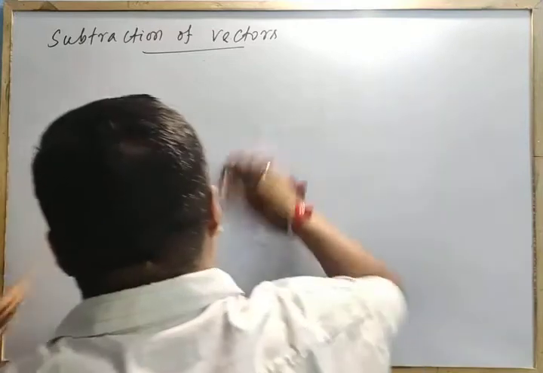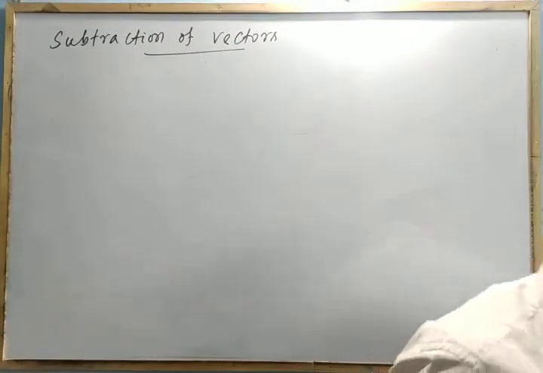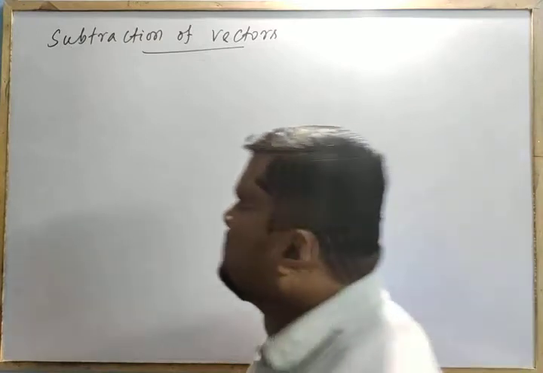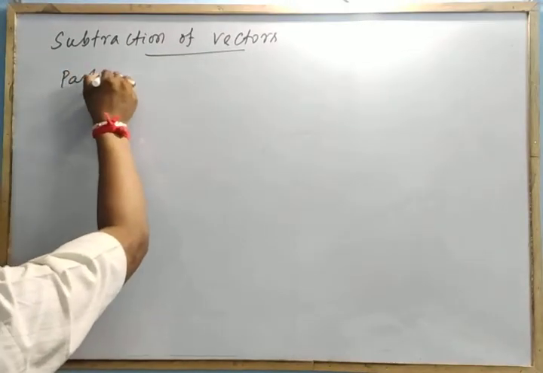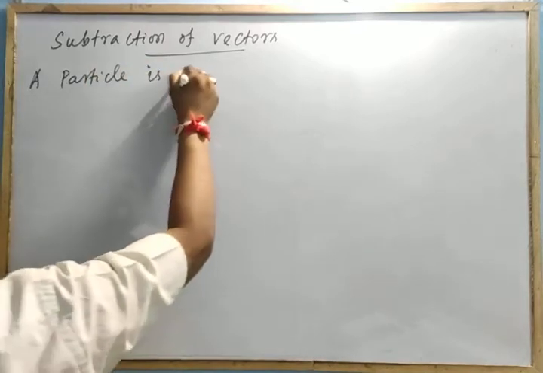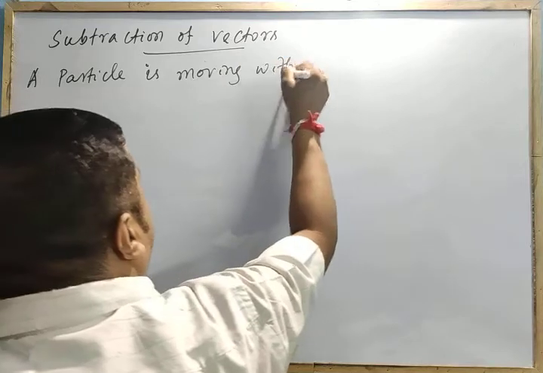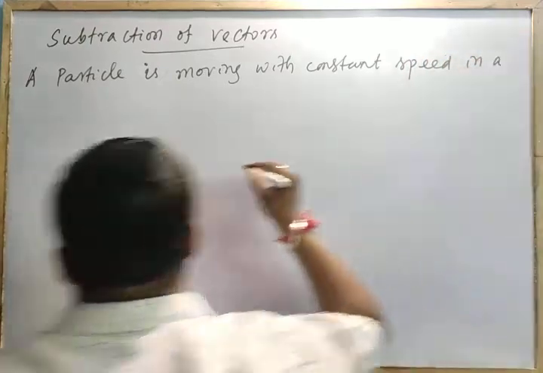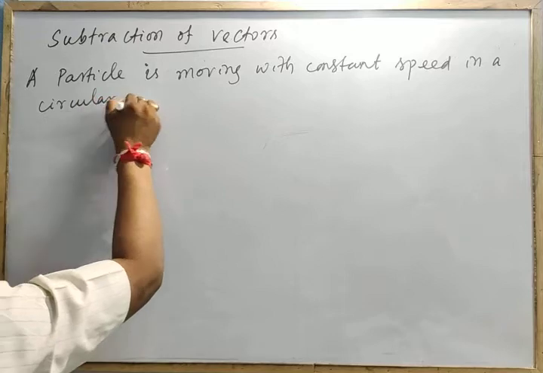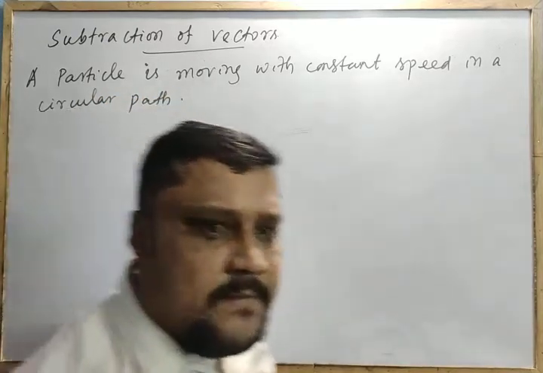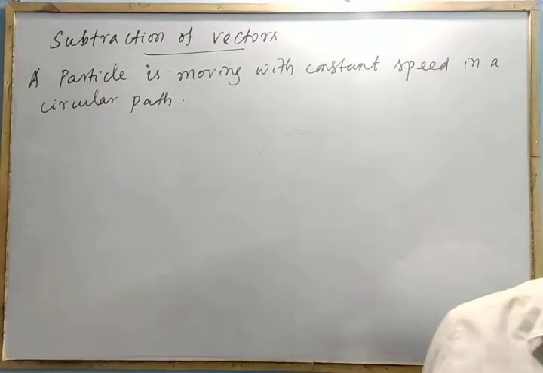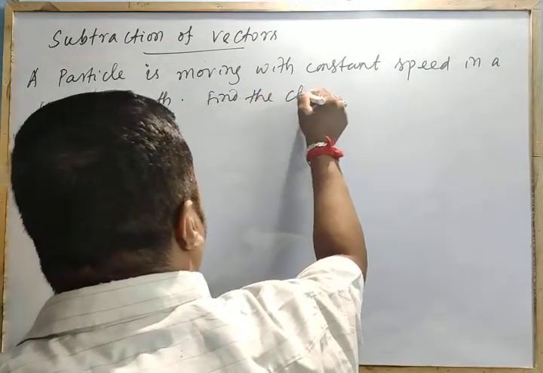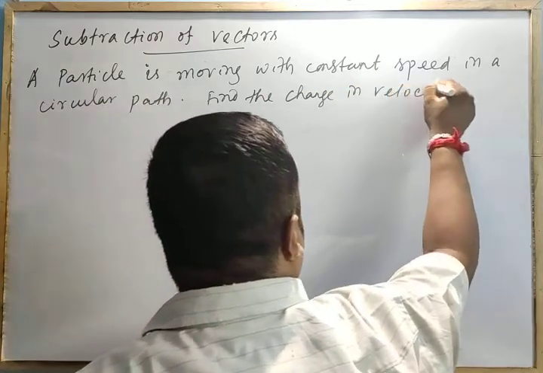A particle is moving with constant speed in a circular path. Find the change in velocity.